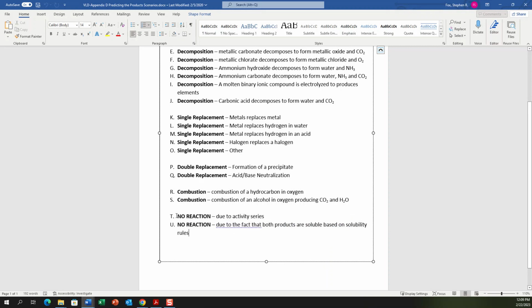So let's understand, scenario T, the activity series, is only for single replacement, okay? And scenario U is only for double replacement, essentially, okay?